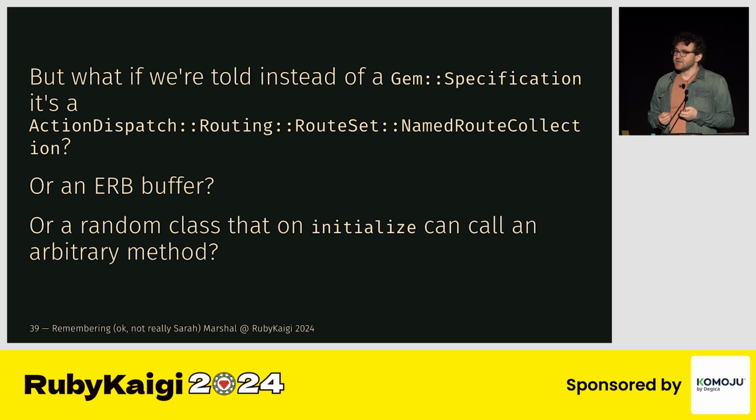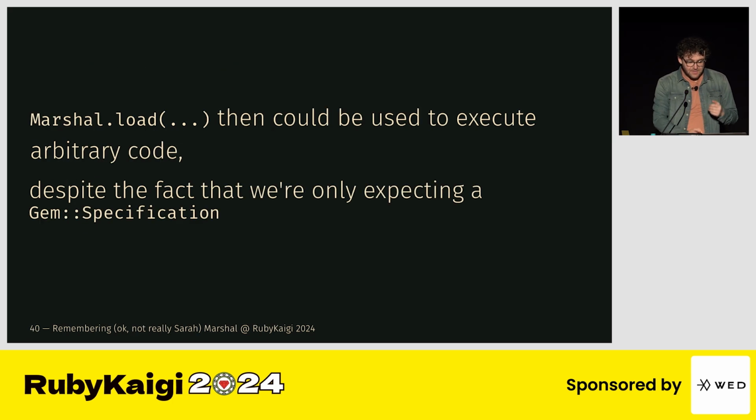You could, let's say, dump all of the environment variables that someone has set, or make requests and send things in their environment out, or install arbitrary software on their machines. Bad stuff. And you could then use Marshal.load to execute arbitrary code, despite the fact that in Ruby gems, we're only expecting a very benign gem specification.